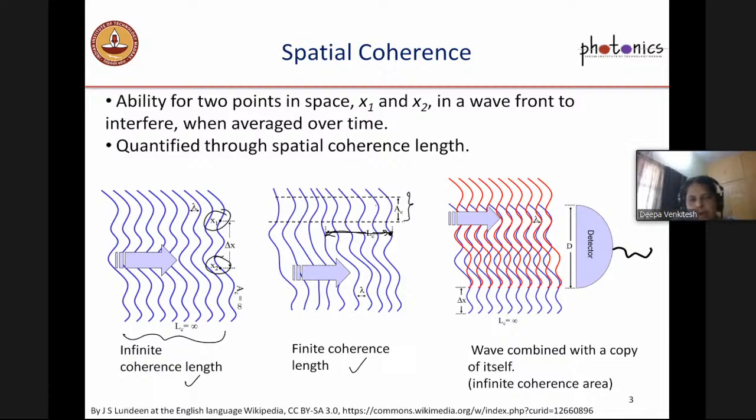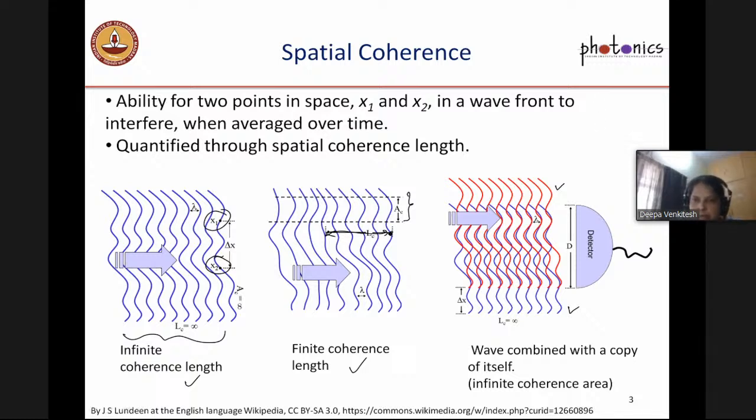Now, a good way of understanding spatial coherence and its ability to interfere is, let's say that the wave is combined with a copy of itself. So you have a red wave and you have a blue wave. And let's say the coherence length is infinite, which means that along the space, the phase relation is maintained all along. This is a classic example of what happens in the Michelson interferometer.